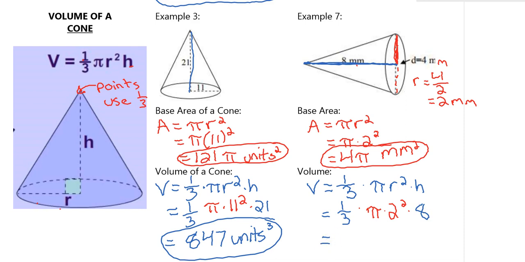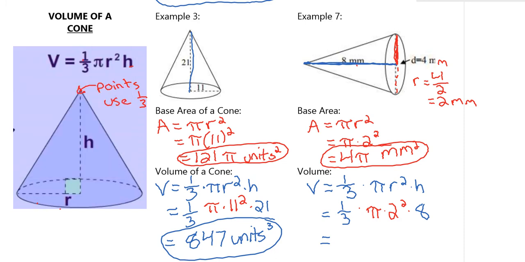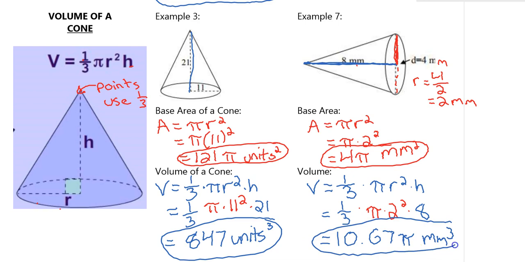When I type that in the calculator, 1 divided by 3 times 2 squared times 8, we get 10.67, we'll round. I'm going to type everything with pi, millimeters, and this is a volume, so it's cubed. All right, that's it. Go ahead, work on D2.